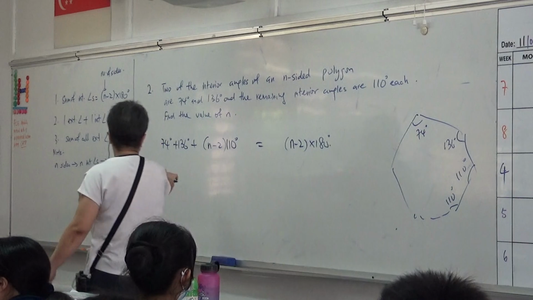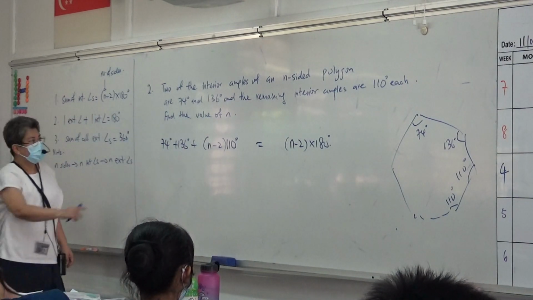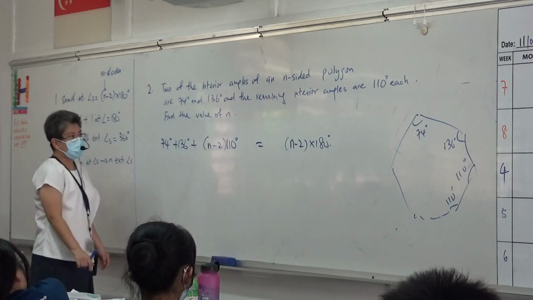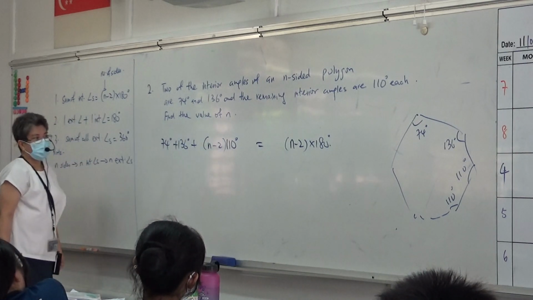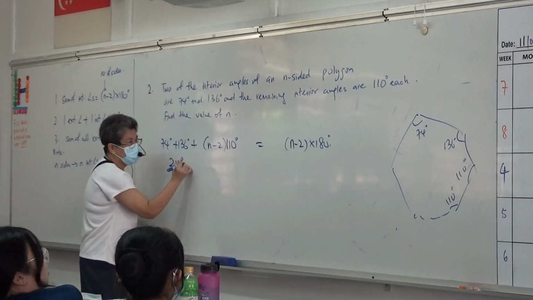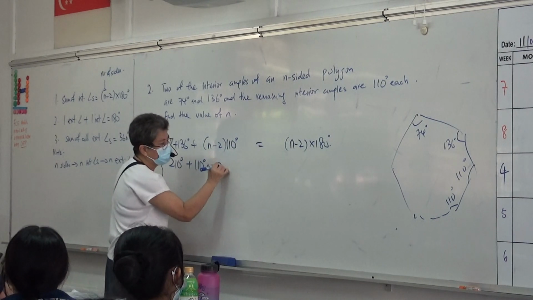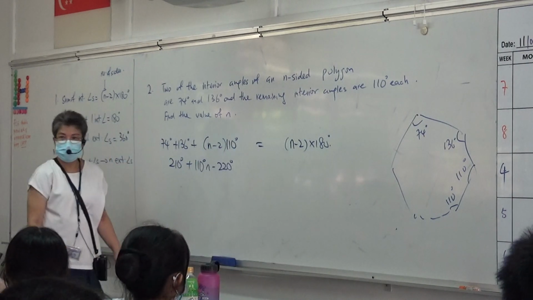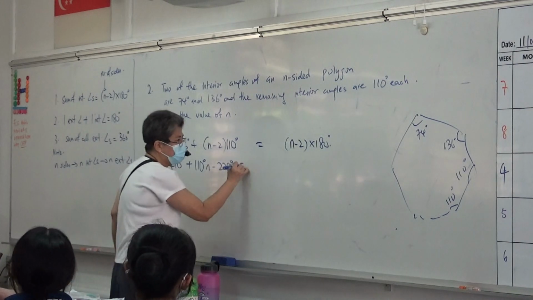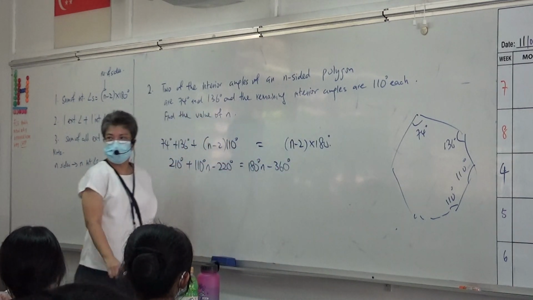Now, I'm going to do this. Can you calculate for me? What is 74 plus 136? 210 degrees plus 110 degrees times (n minus 2) is equal to 180 degrees times (n minus 2)... Okay, is equal to 180 degrees n minus 360, correct?